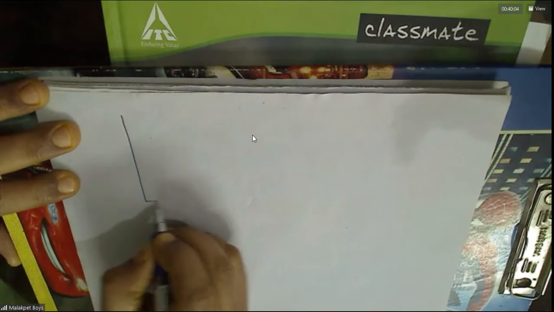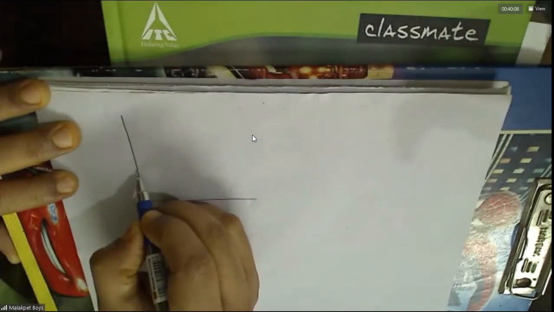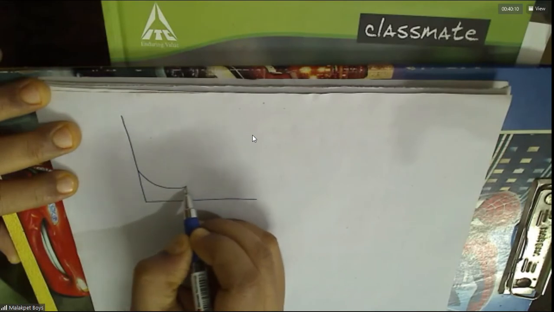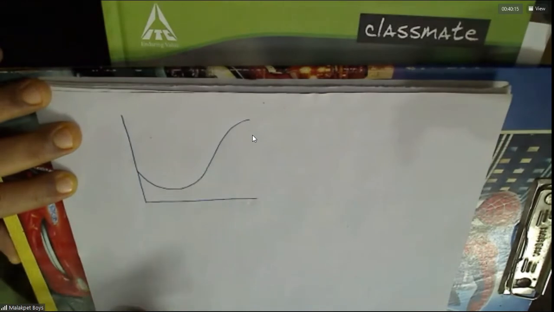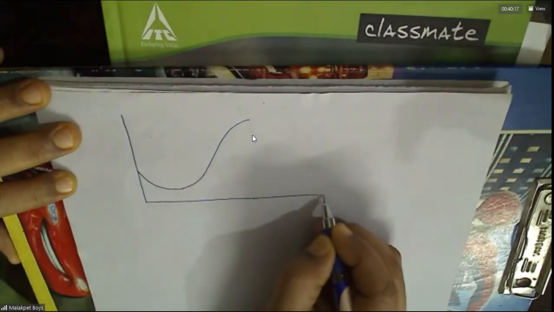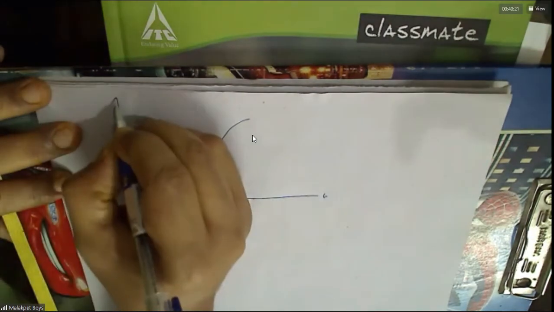Now, what he says is there is a graph he has given. Time is on one axis and this is the displacement.